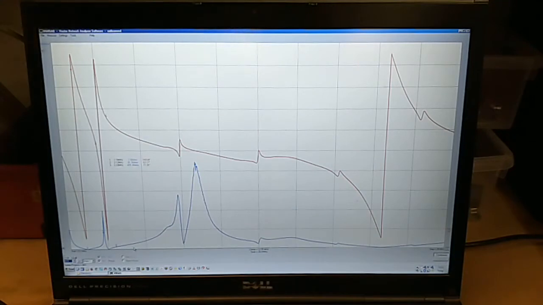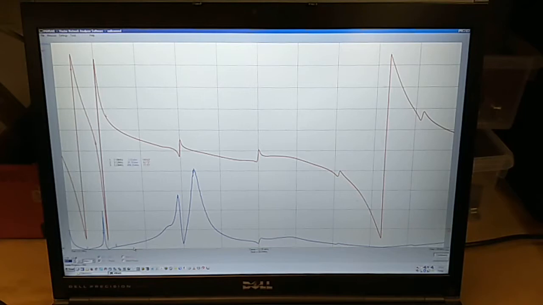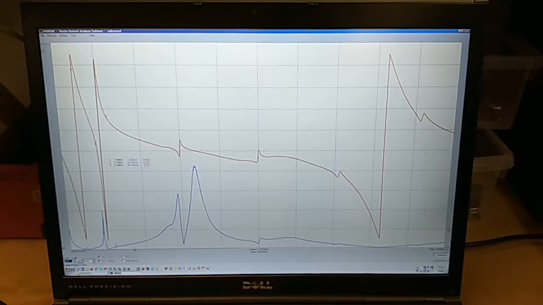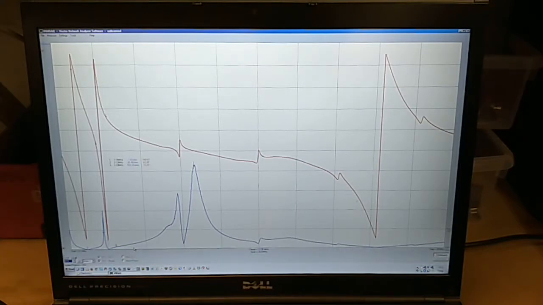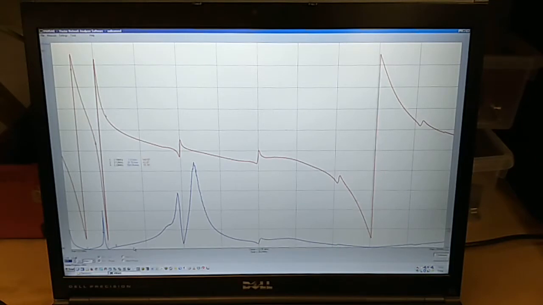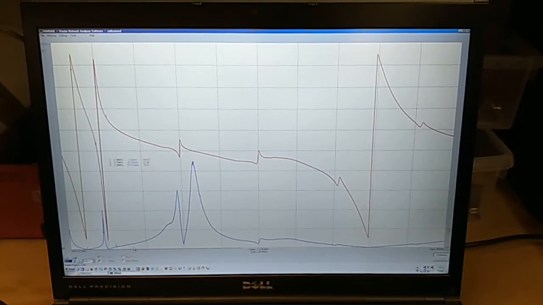So if I now start to wind in the capacitor, so I'm increasing the capacitance slowly, we will see, okay, if we look at the far end, we start to see that phase change, which is part of the parallel resonant circuit of the primary, starting to come down, starting to collapse. Impedance is moving down here.